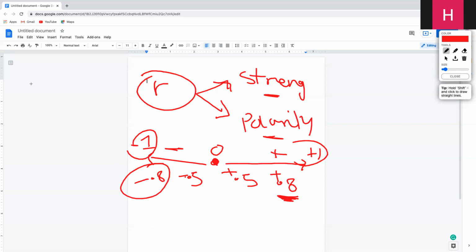If I give you folic acid and colon cancer, the association between folic acid and colon cancer. Or not colon cancer, let's say folic acid and hemoglobin, or iron level.